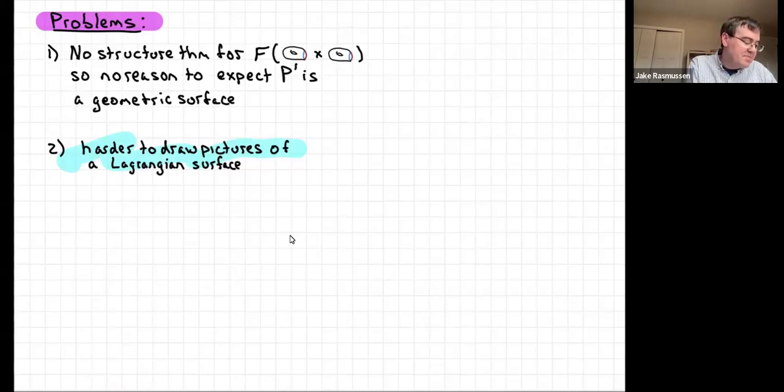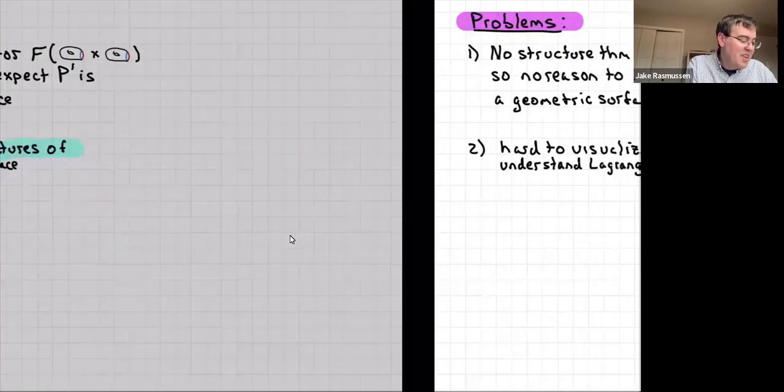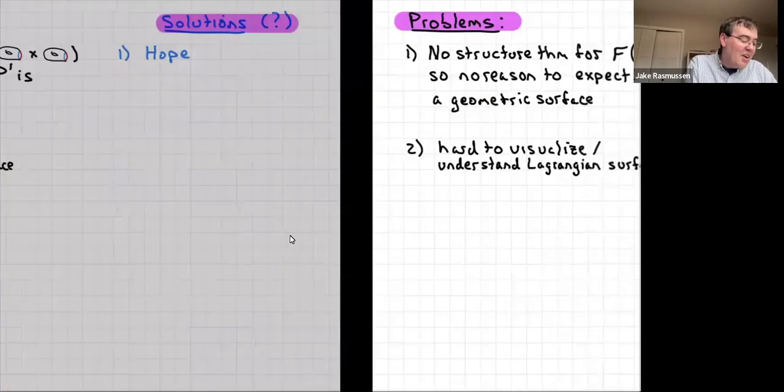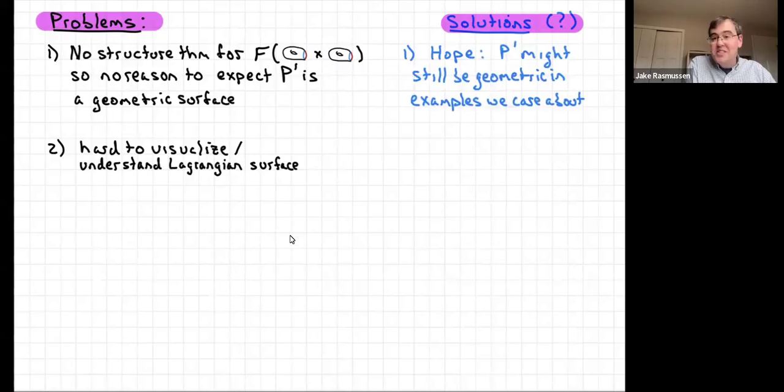Okay. So I don't have true solutions to either of these problems, but let me just say what kind of solutions I can offer. Well, the solution I have to offer for number one is hope. Doesn't sound so great, right? But we can hope that in the examples we care about, P prime might actually come from a geometric Lagrangian, an actual surface embedded in the product of those two punctured tori.